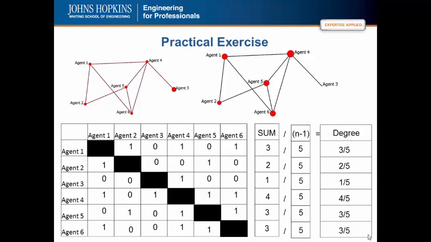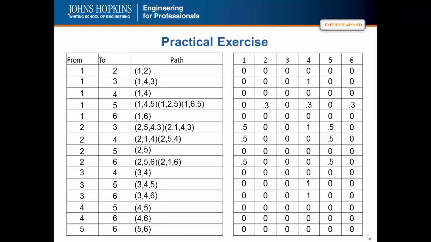We will now proceed to the next measure, betweenness centrality. What you see here is the enumerated paths in the network, and you see the geodesic or shortest paths in the network. To the right, we then tally the frequency each agent has occurred on the shortest path between others in the network.